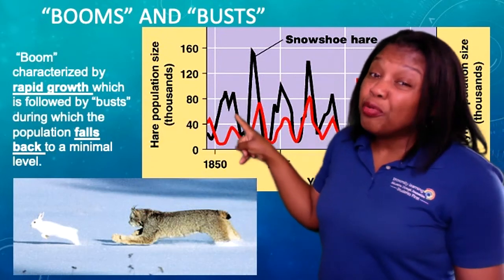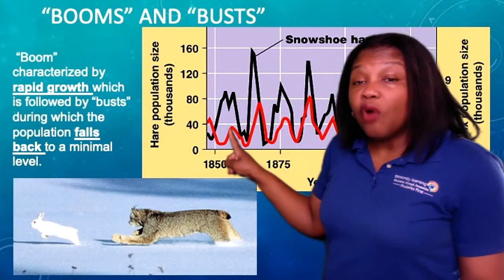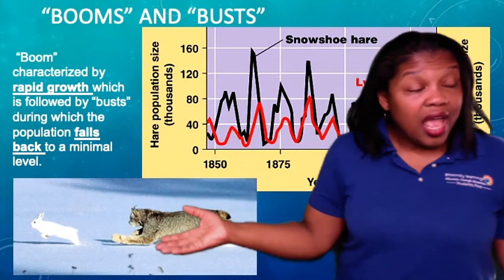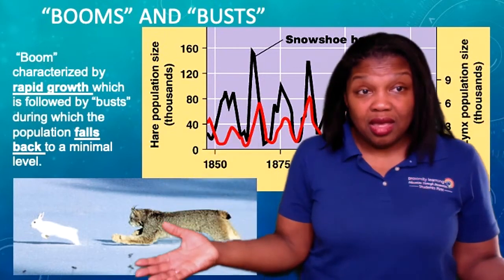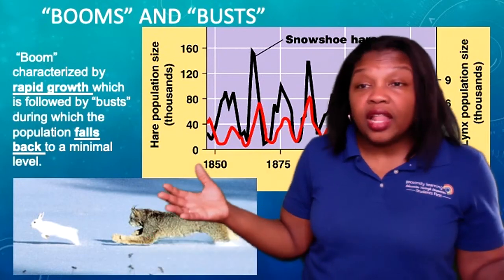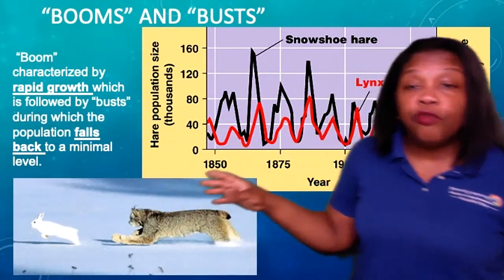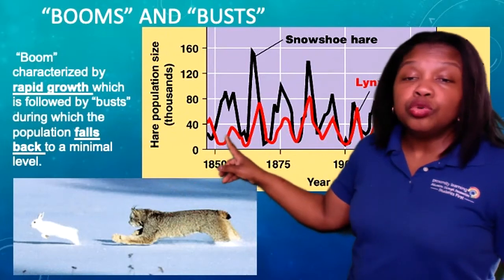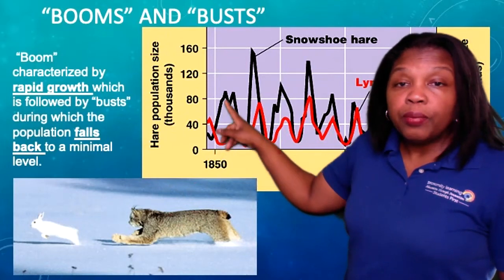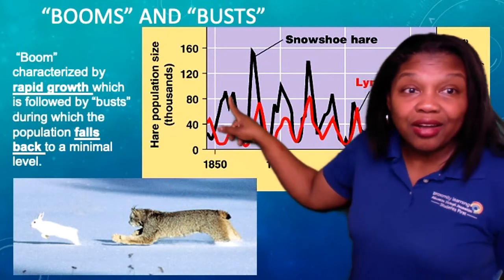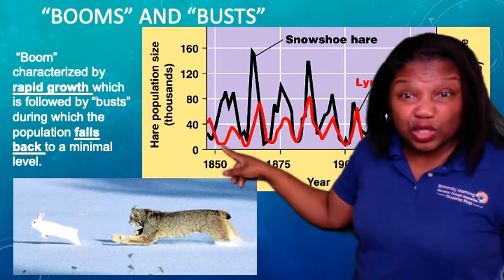When the number of prey goes down, now you have all of these lynx and few prey. So let's say before I had two lynx, but I had 80 hares. So that's a lot of food for two lynx, right?